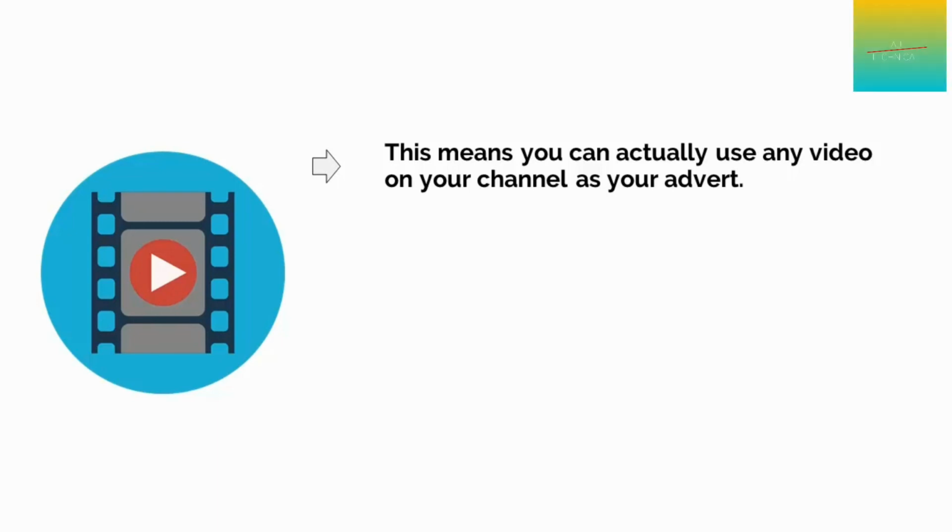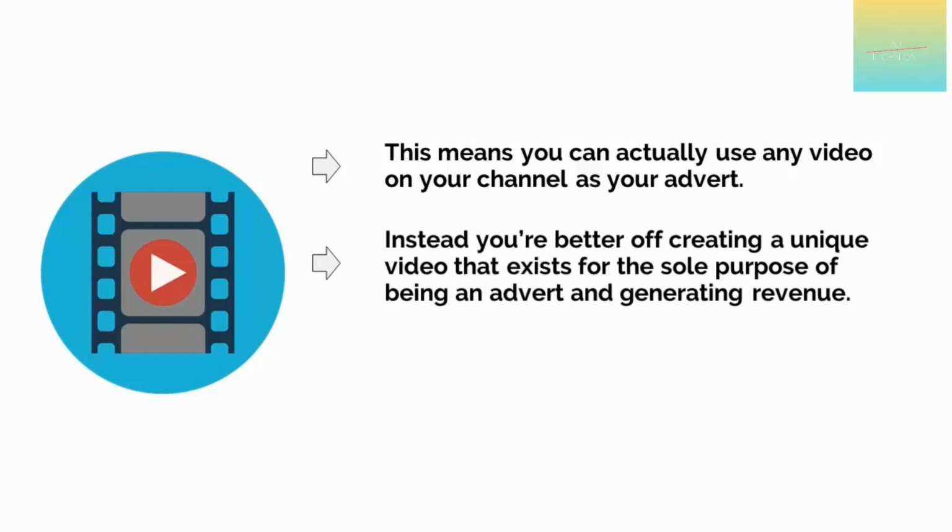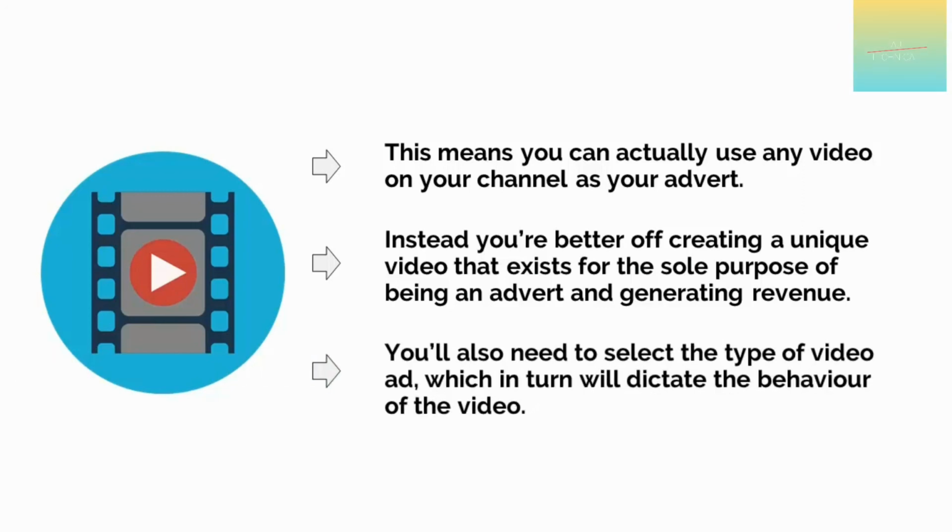Of course, this isn't going to drive many customers to your products though, and it will likely be a waste of money. So instead, you're better off creating a unique video that exists for the sole purpose of being an advert and generating revenue. You'll also need to select the type of video ad, which in turn will dictate the behavior of the video. You'll learn more about this in the next video.